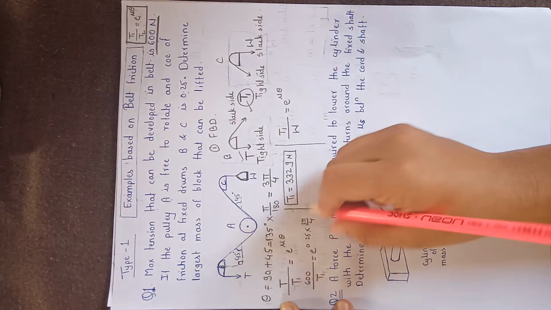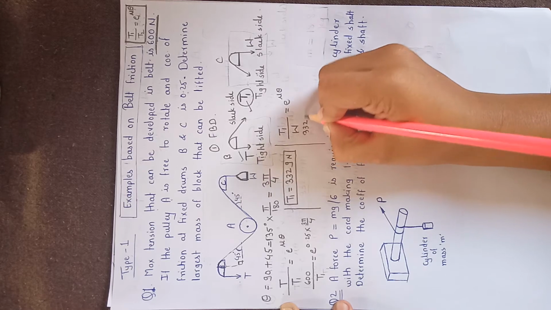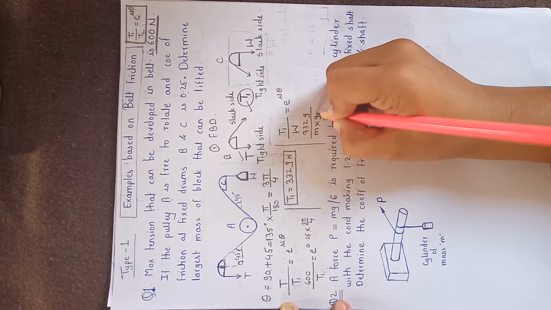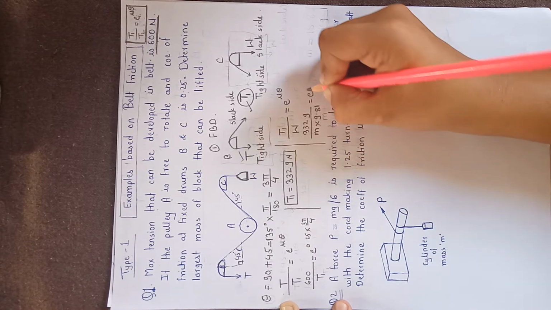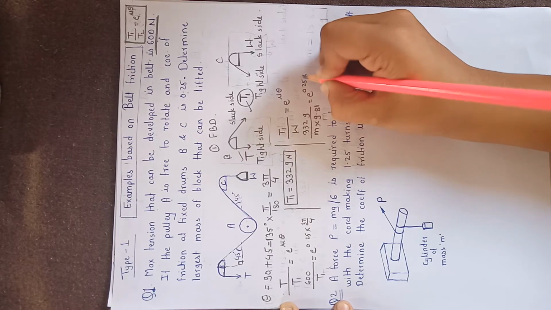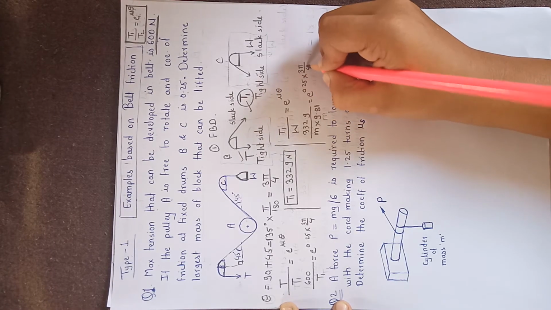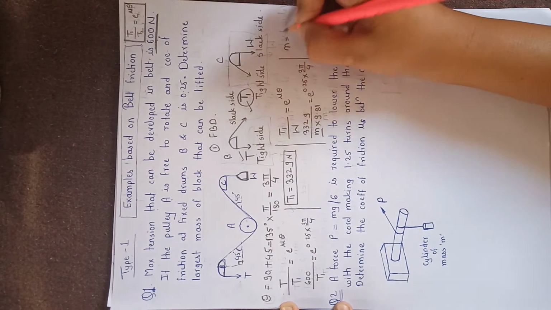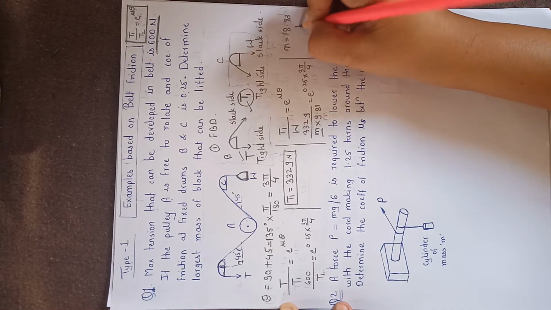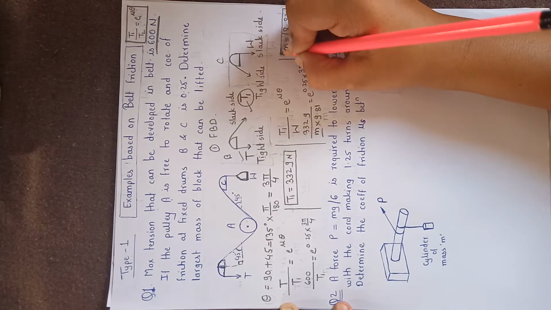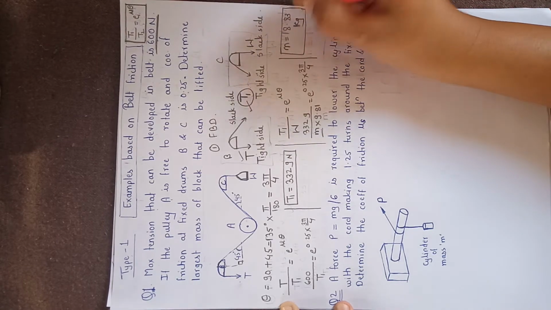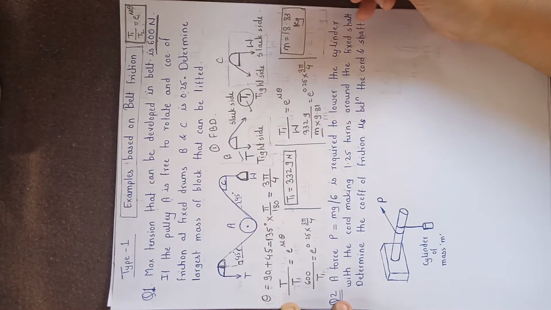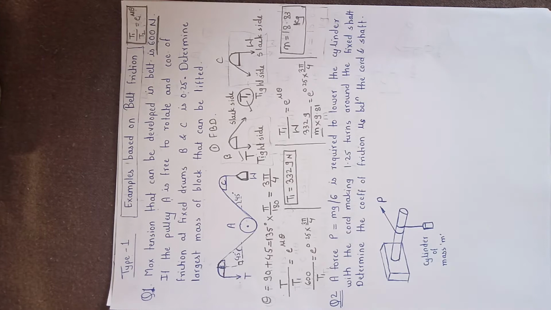Here T1 is 332.9, W is m into g, g is 9.81, e raised to mu 0.25 into theta 3 pi by 4. Here unknown is m, and we'll get m as 18.83 kg. They asked largest mass of block, and this is 18.83. We'll see next sum.